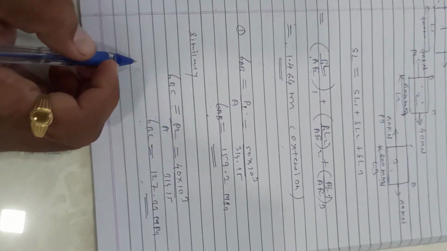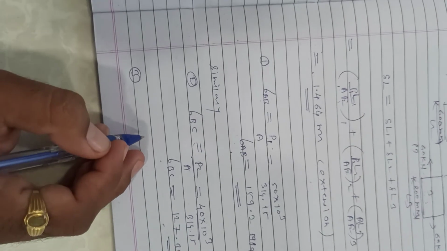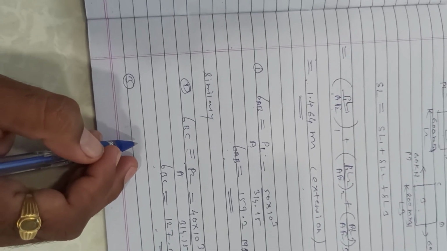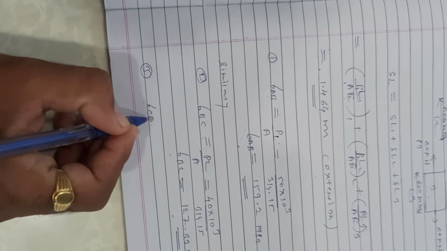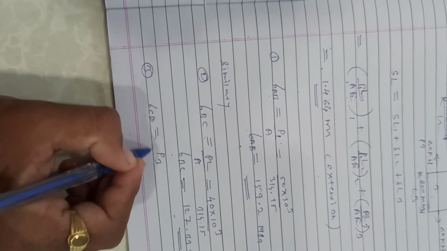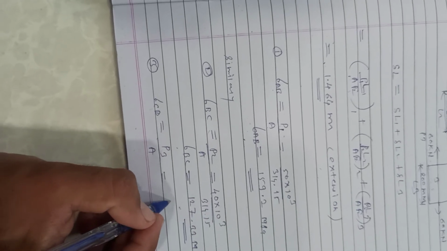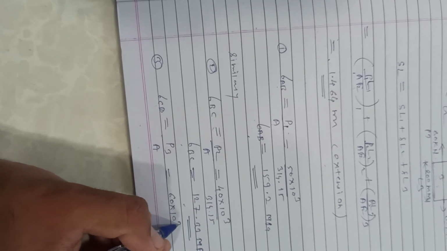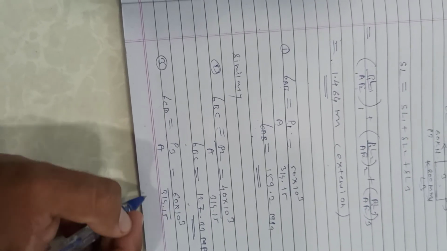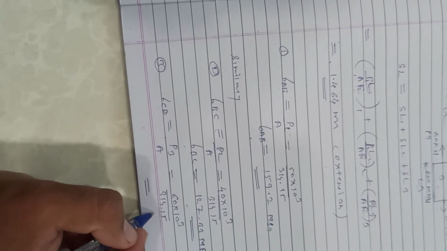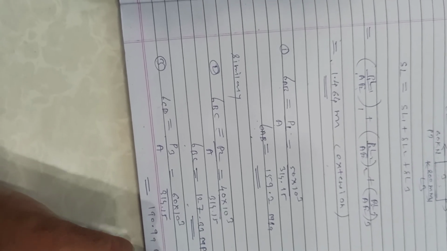Similarly, this is condition second, and third is stress at section CD, that is sigma CD is equal to P3 by A, P3 is 60 into 10 raised to 3 divided by area 314.15, which is 190.99 megapascal.